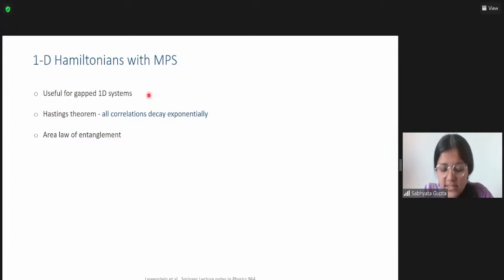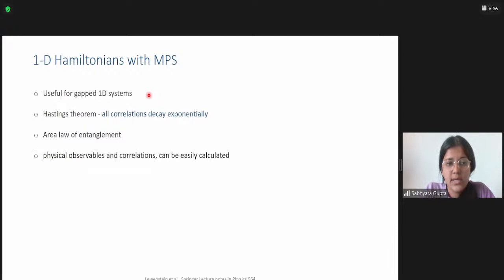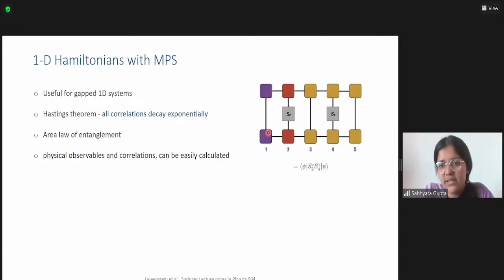Like we can encode a wave function onto the matrix product state, we can also encode the quantum mechanical operators into the matrix product state, and they are known as matrix product operators. For example, in this figure, you can see this is a matrix product state.